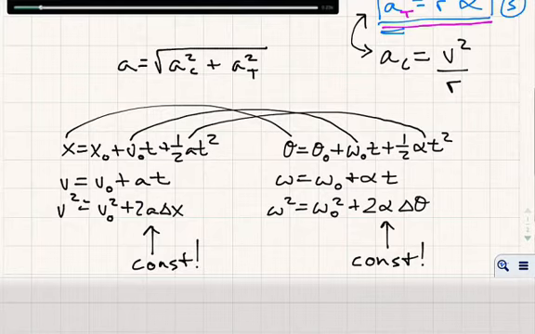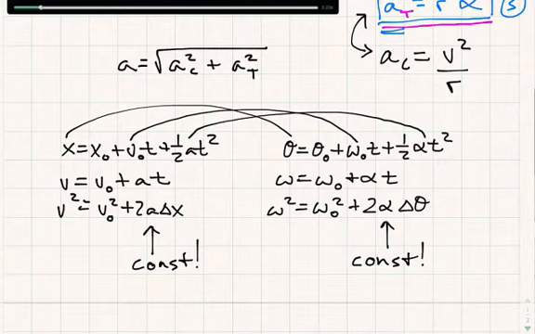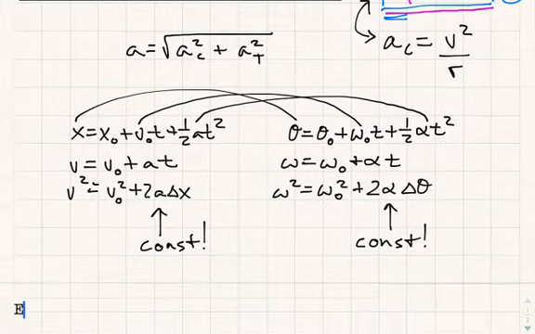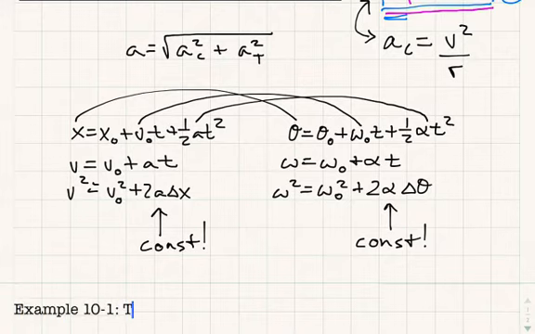All right, so let's do an example problem using these three kinematic equations. And I will be doing example 10-1 from your textbook. Example 10-1 in your textbook is called Thrown for a Curve. How clever.